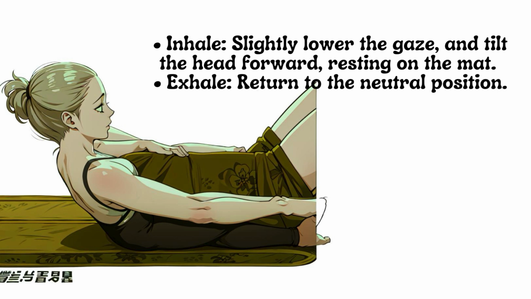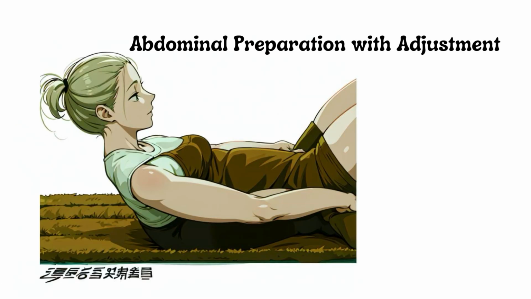In a supine position, when extending the upper body, pay close attention to the even extension of the thoracic spine up to the cervical spine. Avoid lifting the head too high, and do not overly compress the cervical spine. Another point to note is that the line of sight affects the position of the cervical spine.